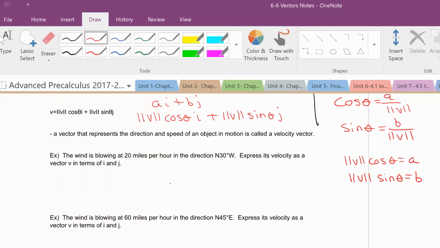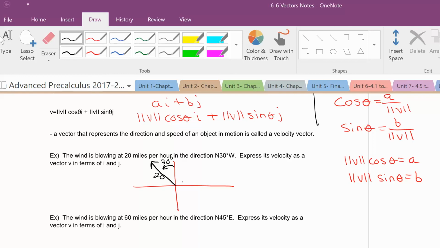So here the wind is blowing at 20 miles per hour in the direction north 30 degrees west. So north 30 degrees west means we go here 30 degrees, right? And the magnitude of this is 20 miles per hour.